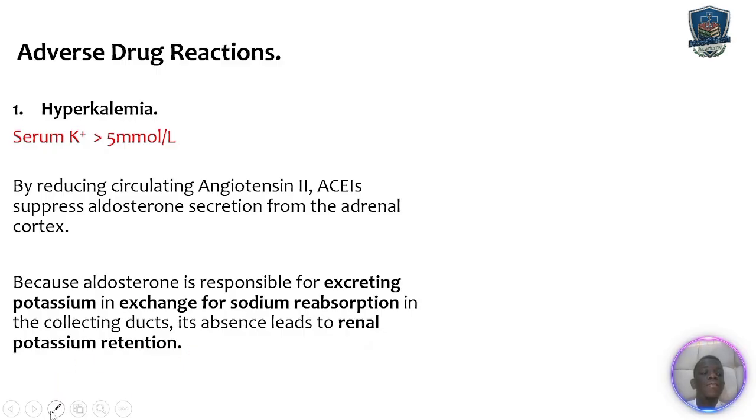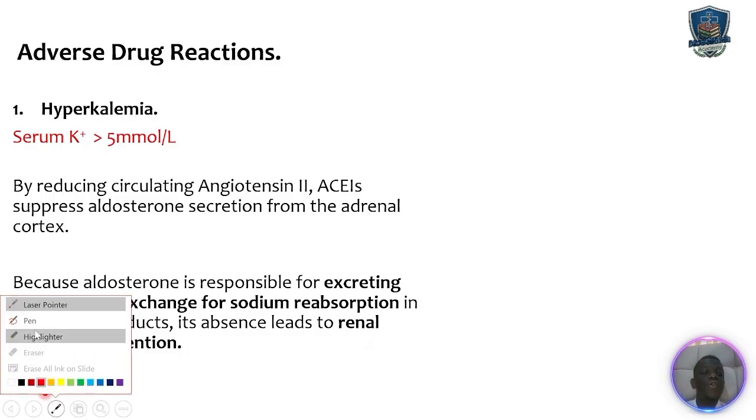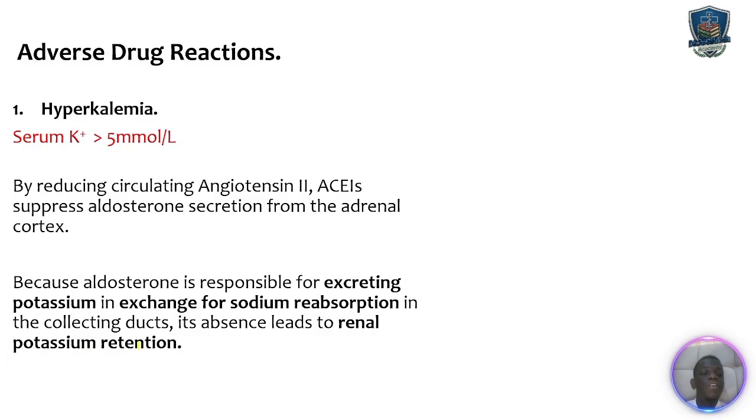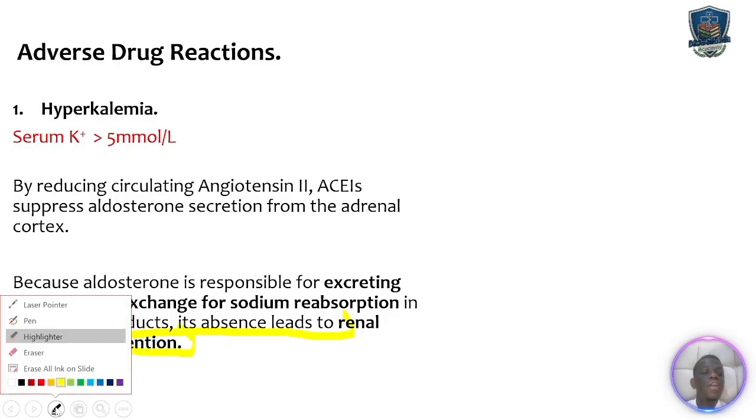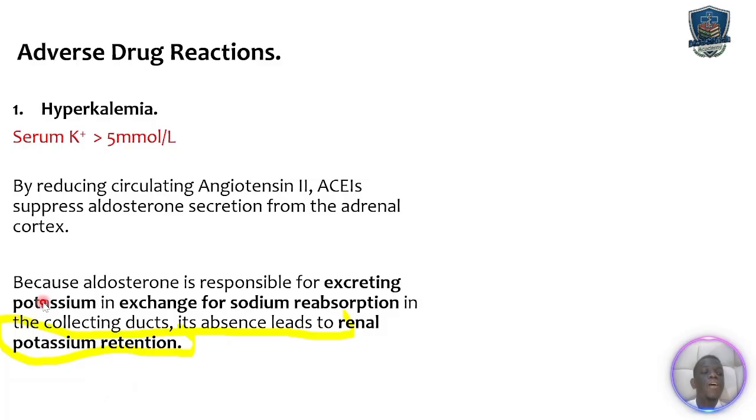Let me highlight this in red because this is a very crucial part that you have to know. It leads to renal potassium retention. That's something that you have to understand when it comes to angiotensin converting enzyme inhibitors.